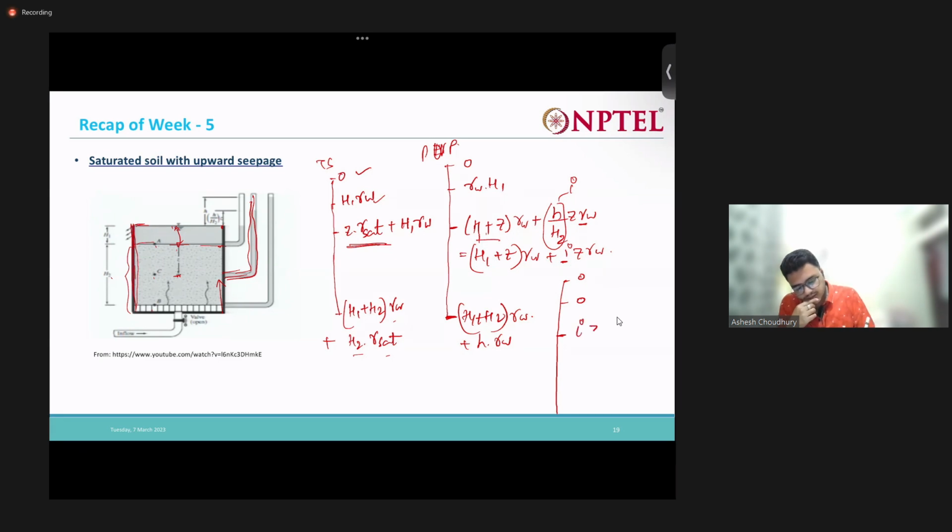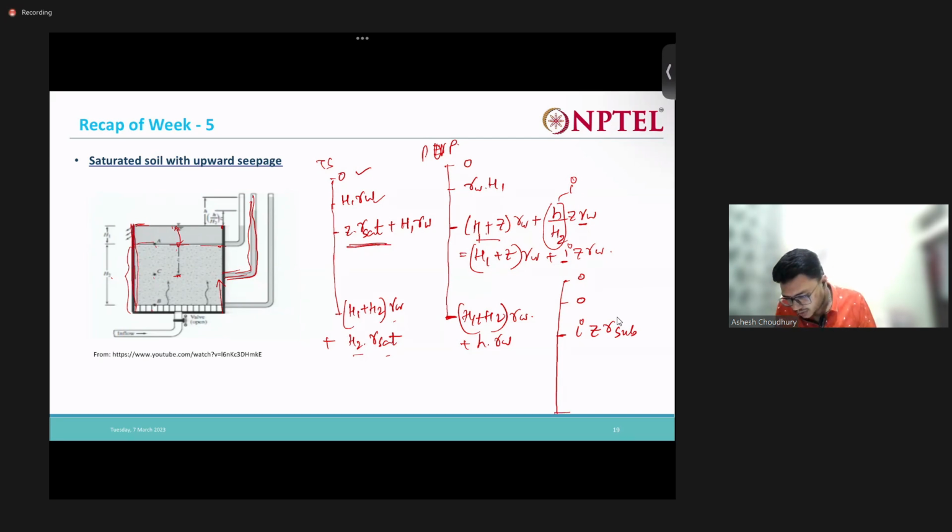It will be i z gamma submerged. Yes. I guess you just check this one, okay? I'm not sure because I have also not done this one from the first. I'm doing it here with you only.